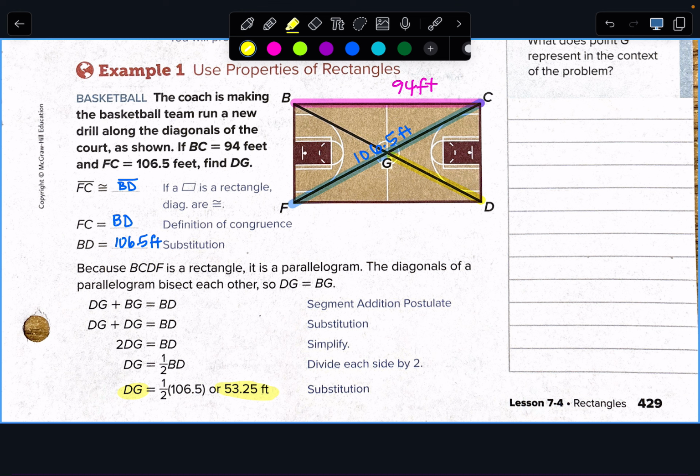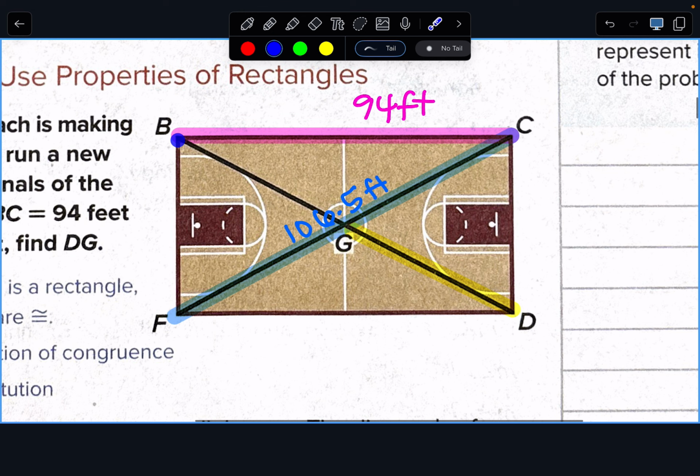Okay. Now, another question. Regardless if we know measurements, if it is a rectangle, what do we know about this triangle? What kind of triangle is it going to be? It's always going to be isosceles. Our diagonals are congruent and bisect each other, so we know that those are all going to be the same measure.